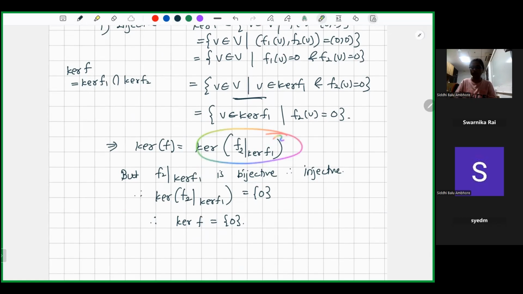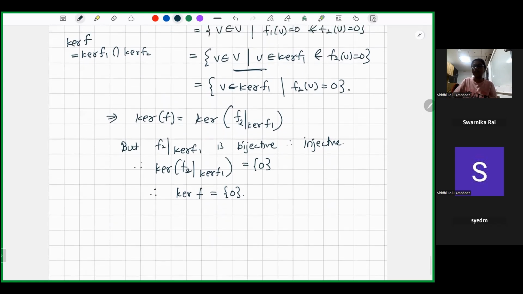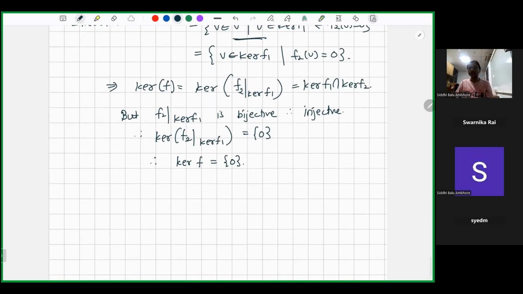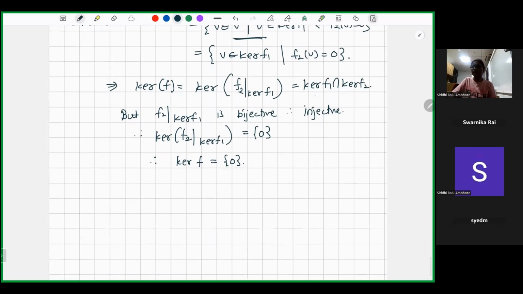I hope it's clear what I'm trying to say here. This is precisely kernel of F1 intersection kernel of F2, because I'm starting with elements from kernel F1, which are also there in kernel of F2.